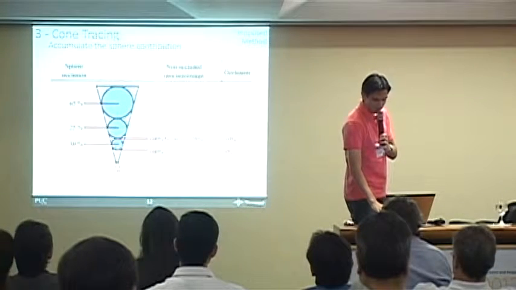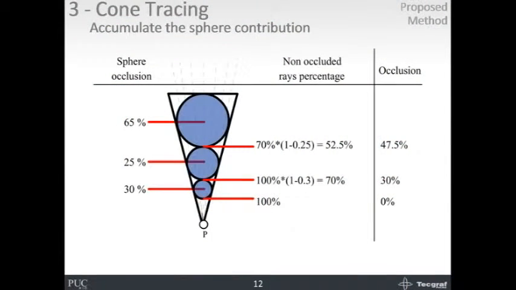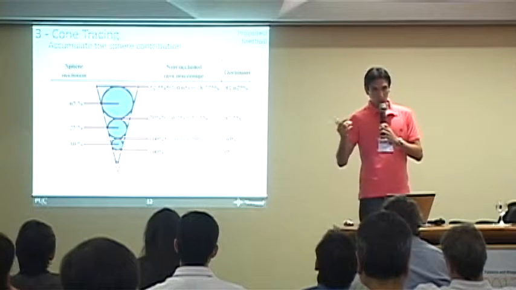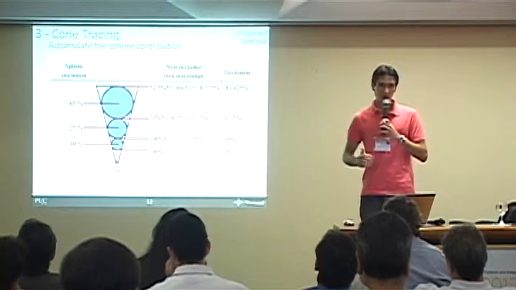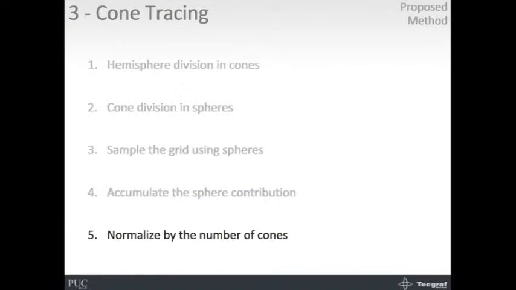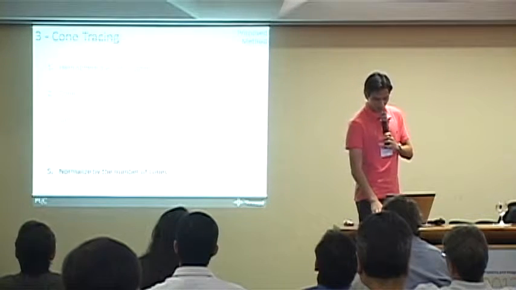From the 70% of rays, 25% were blocked, so we have 52%. And at the end of the cone, we have 18% of the original rays being traced, which is 81% of occlusion in this cone. After we do that, we sum all the cones and normalize the result by the number of cones, having the final occlusion for this point.